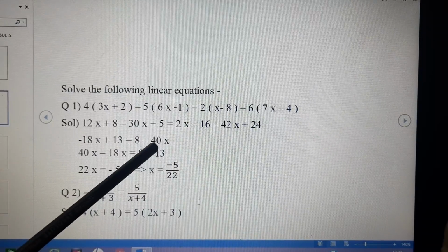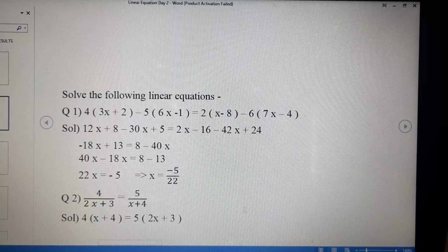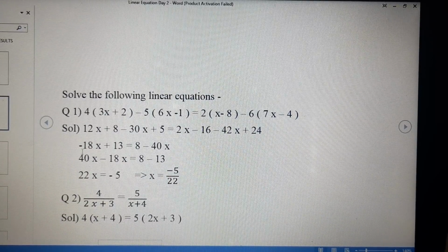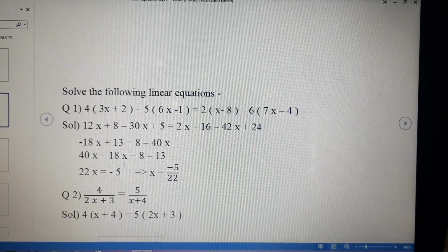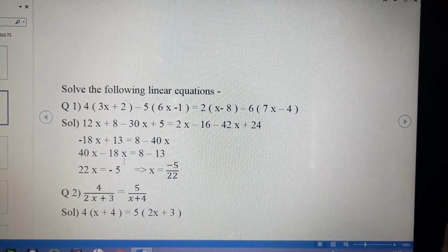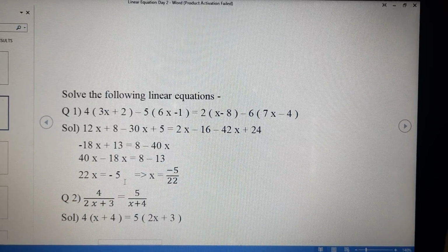That's why 40x has been transferred from RHS to LHS. Are you getting it? Minus 40x has become plus 40x. Minus 18x was already here, is equal to 8 was already here, plus 13 becomes minus 13. So we have 22x is equal to minus 5.